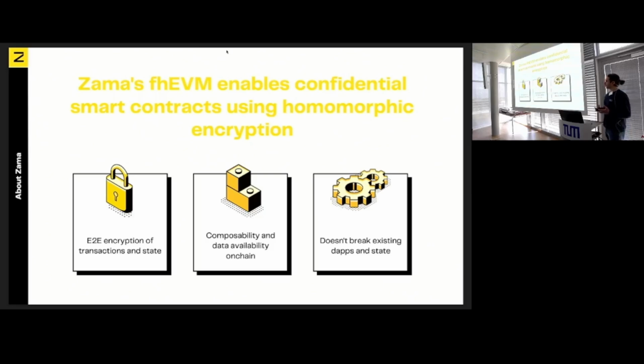What we do is we augment the EVM's feature set in order for contracts to be able to compute over encrypted data. So what we get out of this is end-to-end encryption of transaction data, or some transaction data and some state. We maintain composability and data availability on-chain. And we also don't break any DApps that are existing currently on EVM-based networks, right? Since we only augment the feature set, anything that runs on any EVM-based network right now can also work on the FHE VM.